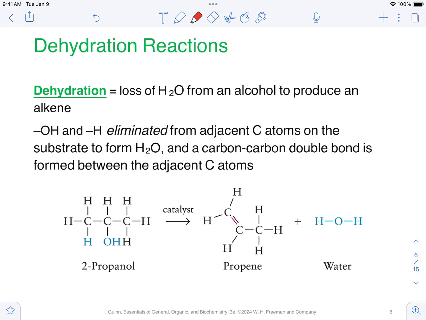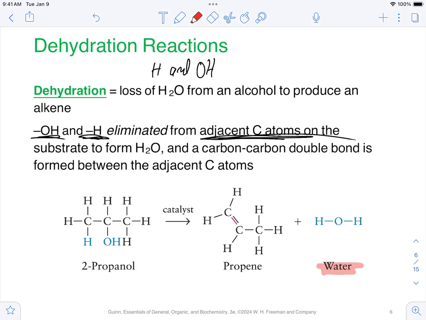So dehydration now, again, this is the opposite process of hydration. You are going to lose water, your H and your OH, from your alcohol to produce an alkene. So you're going to find where the OH and H are on adjacent carbon atoms, and water is going to be one of your products.